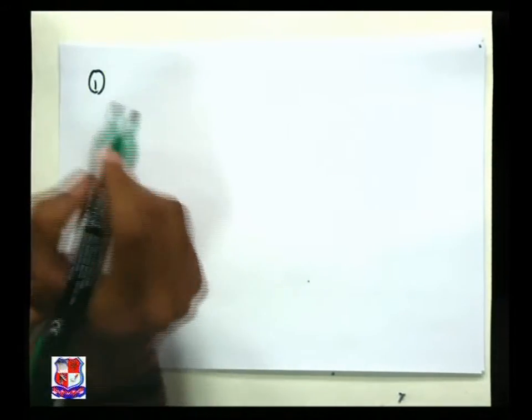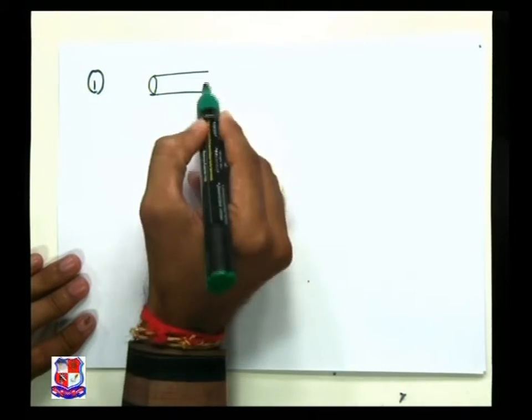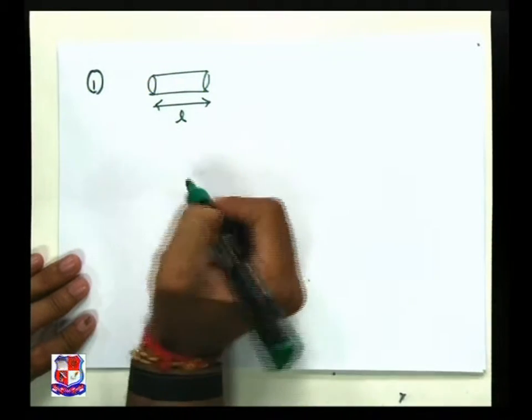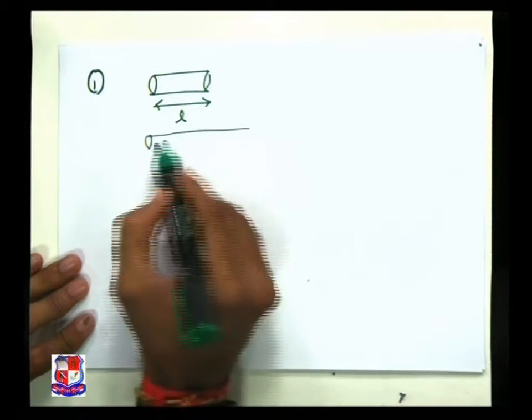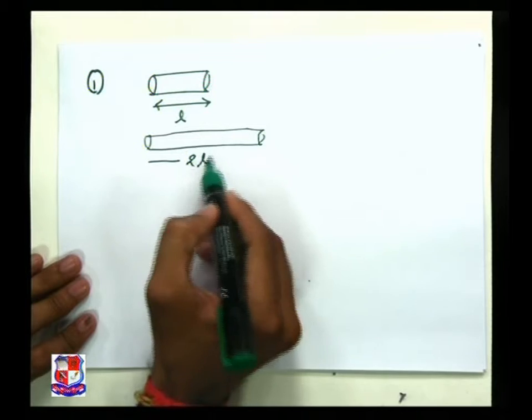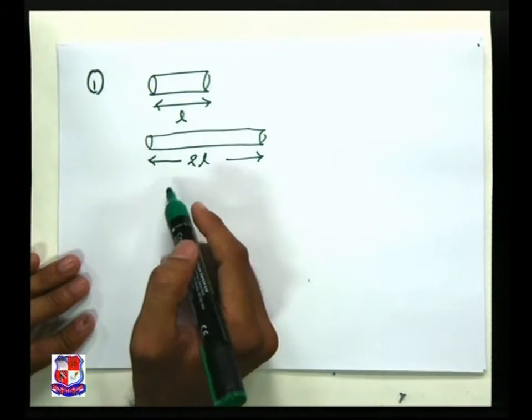First point, length of a conductor. Suppose I take one conductor of length L, and if I increase the length of the conductor to twice, then the resistance also increases.